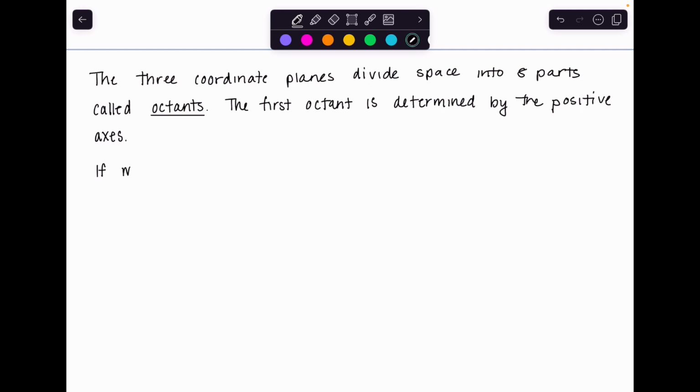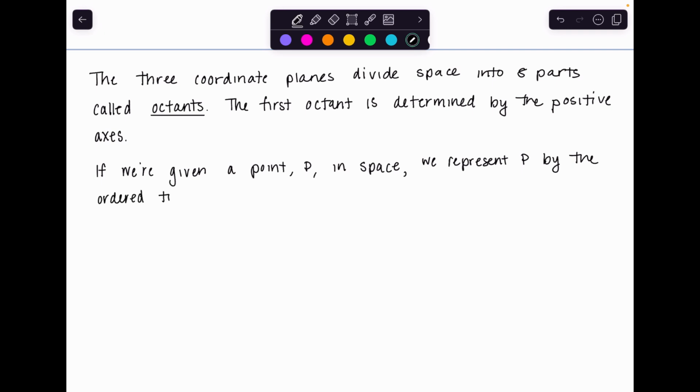So if we're given a point P in space, we represent P by the ordered triple, which will have coordinates, we'll call them A, B, C for now.